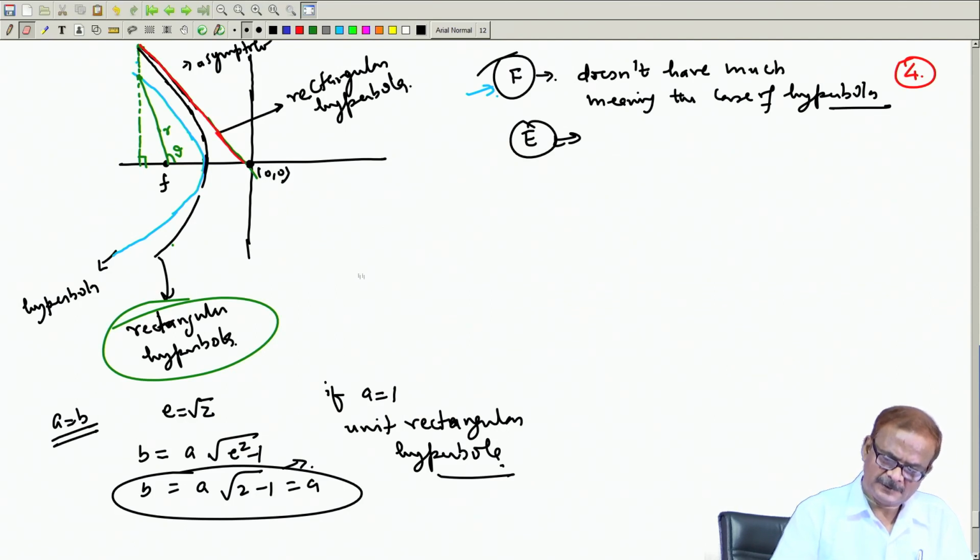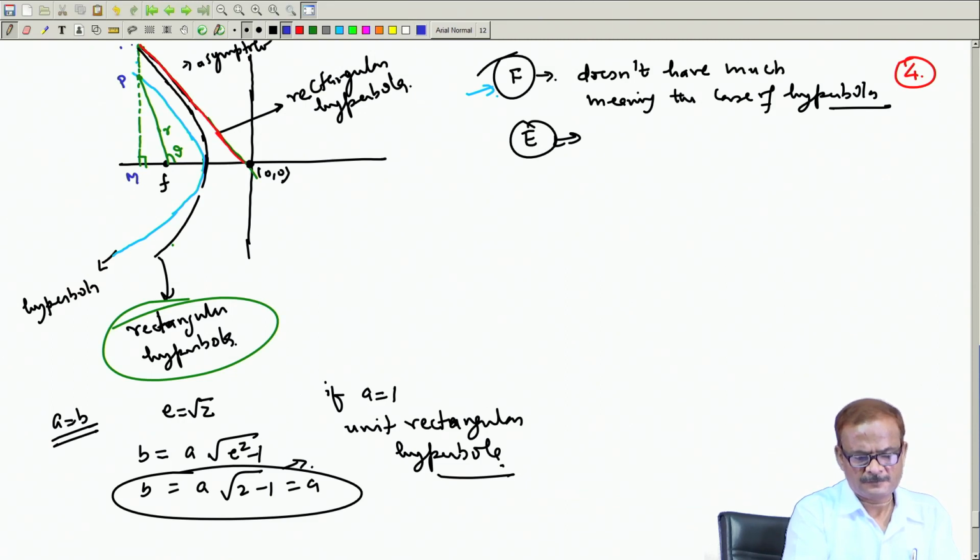This asymptote line I am removing. So, in the case of the ellipse, we wrote this as P, this as M, and the upper one was perhaps written as M, and the lower one was N.